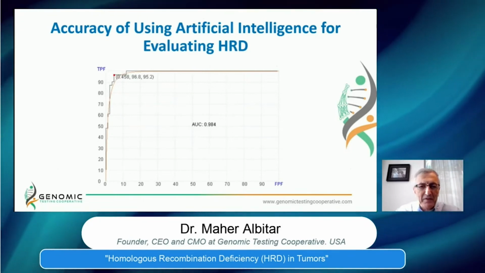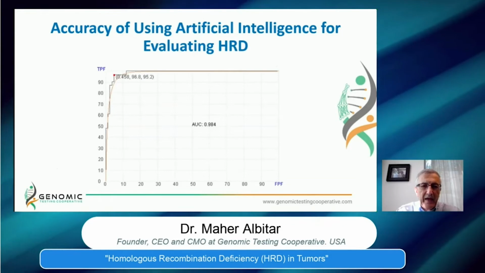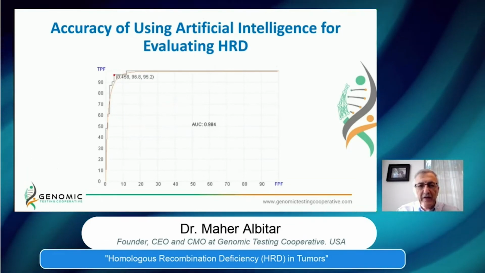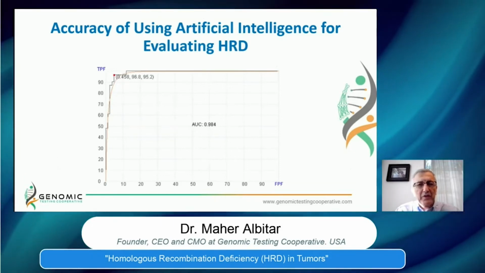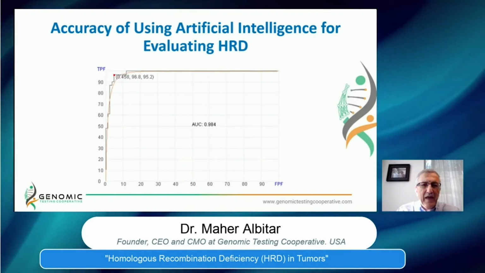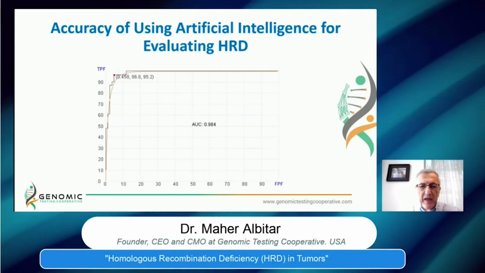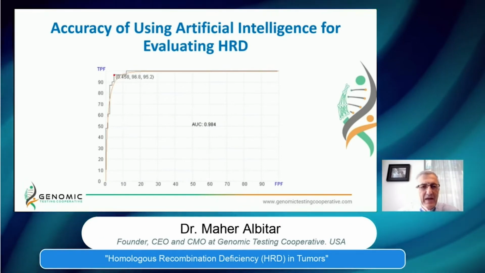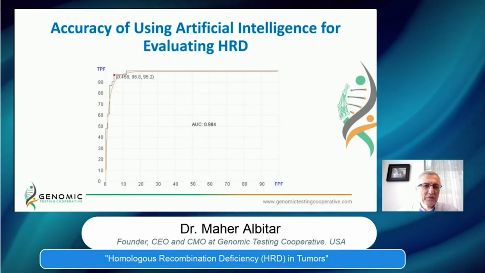There are some patients in between, and using AI or machine learning that takes out the human counting of these abnormalities is, in my opinion, the best way of doing it.